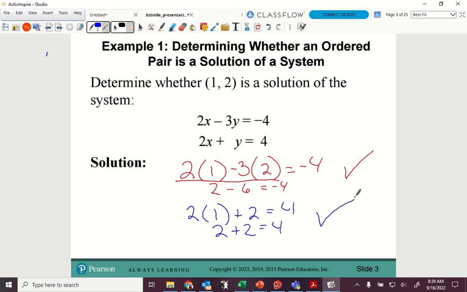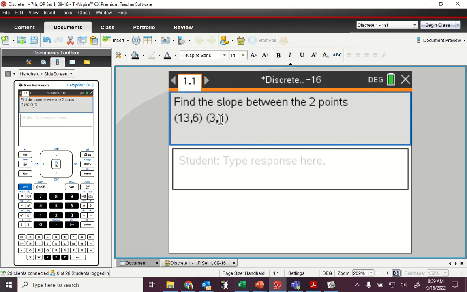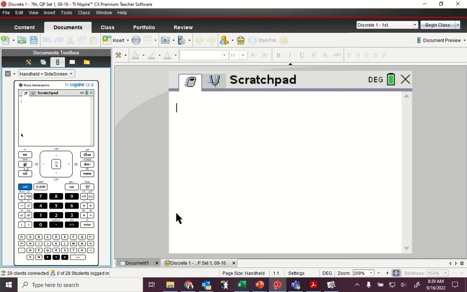Now, I am going to show you people on the calculator, because this is probably where you're going to end up doing a lot of the work to check your answers here. So I'm going to go to calculator, documents, Scratchpad. We haven't done much of this before, so we need to go to the graphing part of Scratchpad.